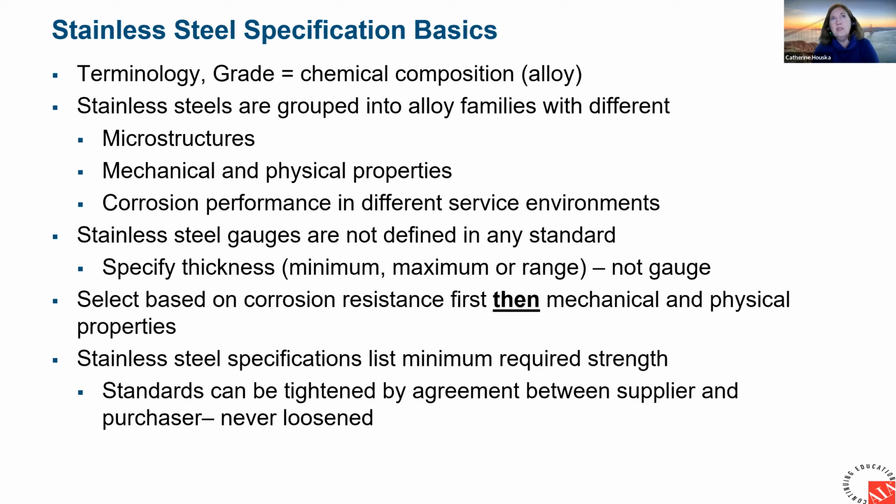Stainless steels are grouped into alloy families, and they have different microstructures, different mechanical and physical properties, and the corrosion performance can be different in different service environments. So, if you have a particular type of exposure, that may steer you toward a specific alloy family.